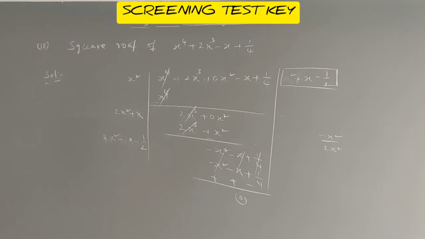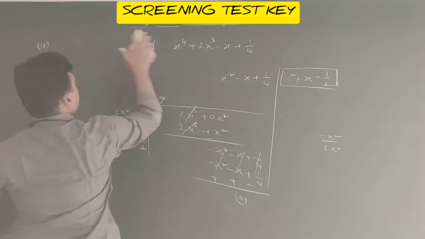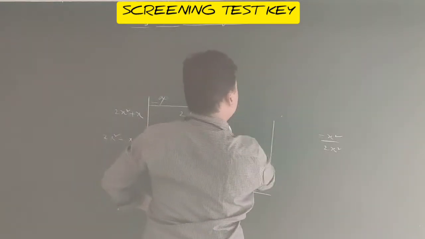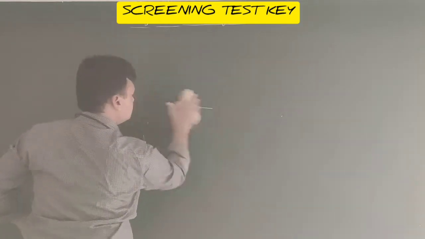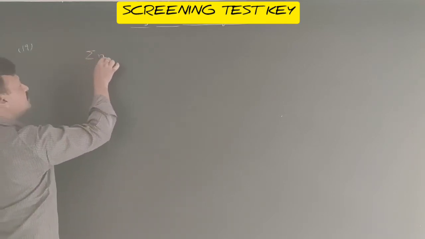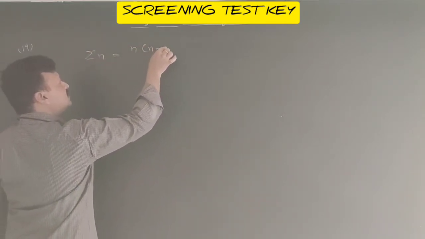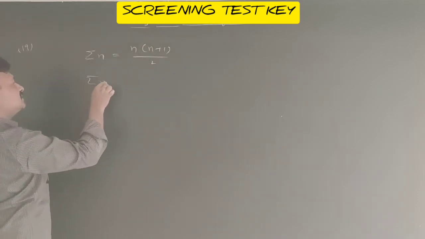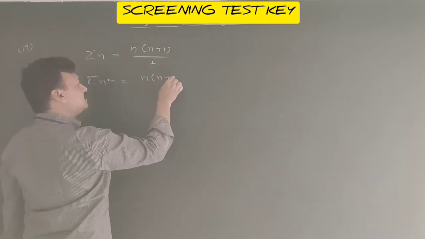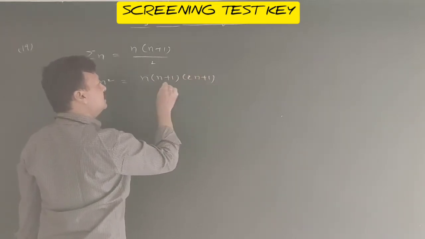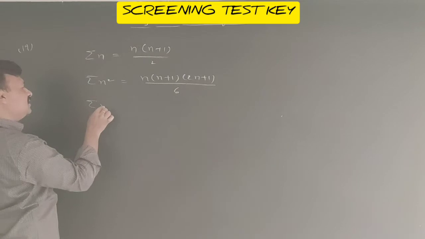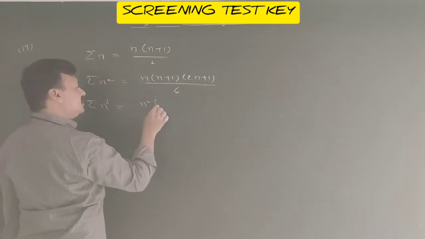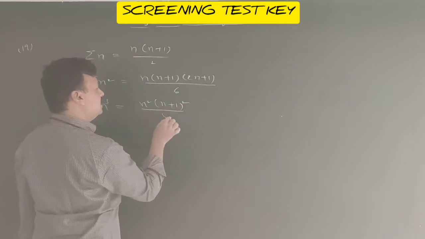Next, 19th one. Which one of the following is a perfect square, they are asking. So here we have sigma n is n into n plus 1 by 2, sigma n square is n into n plus 1 into 2n plus 1 by 6, sigma n cube is n square into n plus 1 whole square by 4.